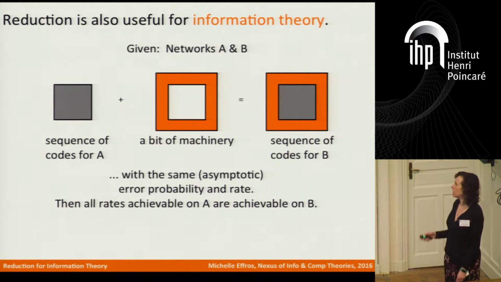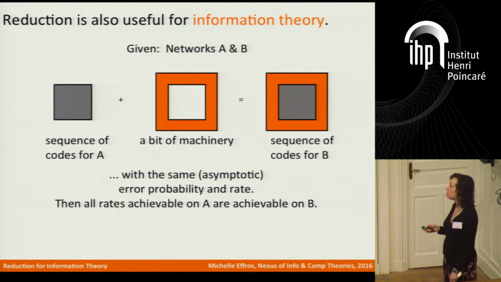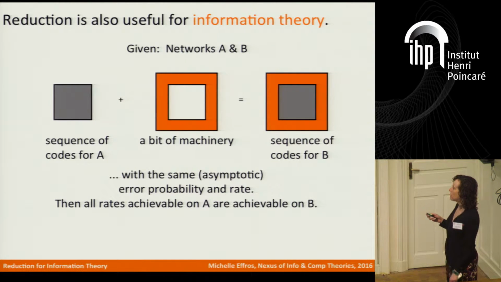In particular, we are most interested in this relationship when there's some corresponding relationship in the performances of those codes. So for example, if the sequence of codes for A had an error probability going to 0 and some particular rate, and the sequence of codes for B has an error probability going to 0 and some other rate that you can calculate as a function of these rates, then you can relate the capacities of these two networks.